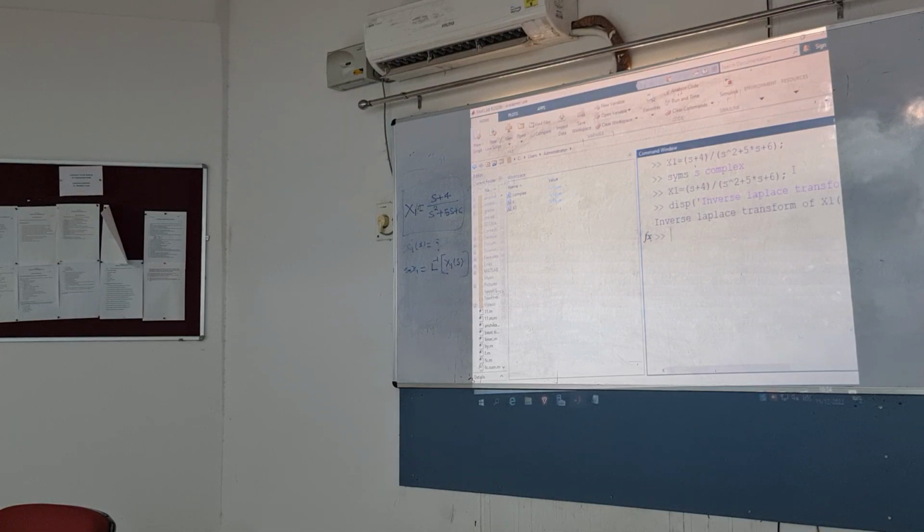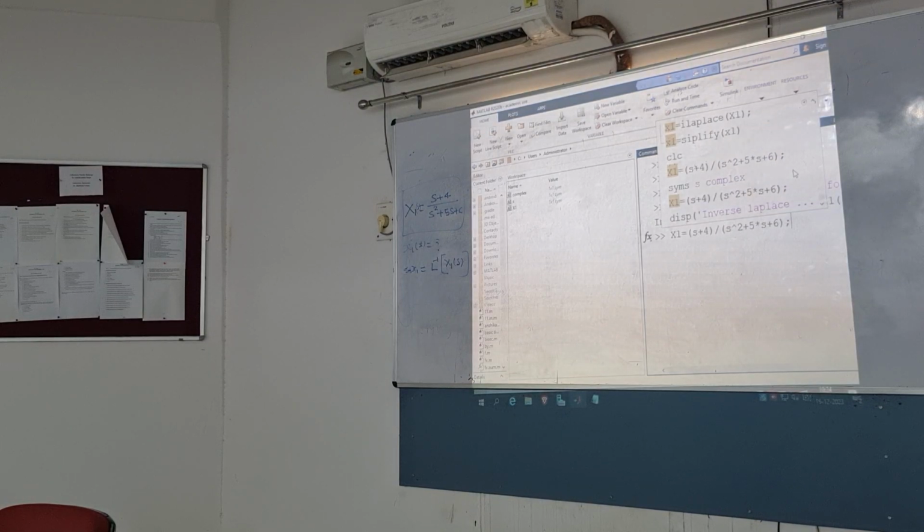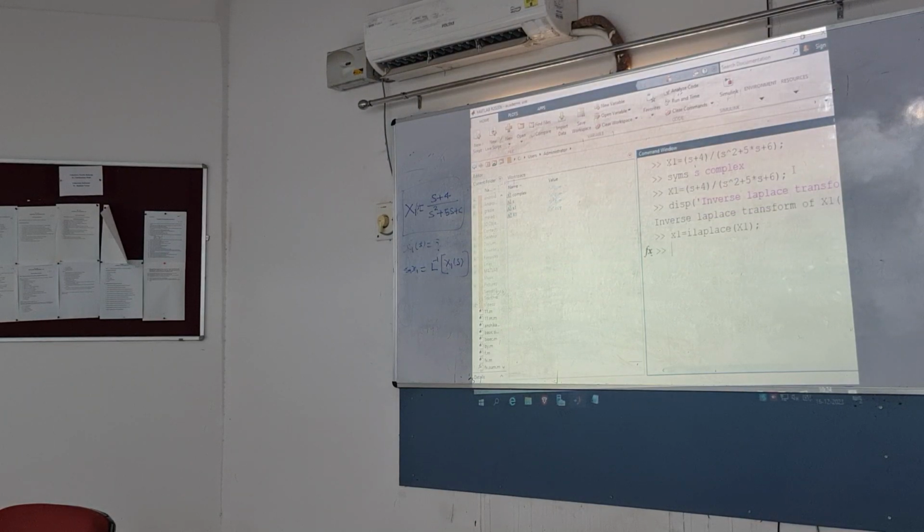You find the x1. ilaplace, no? Then you have written the x1 equal to simplify.